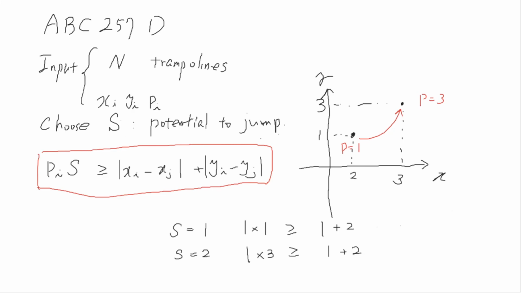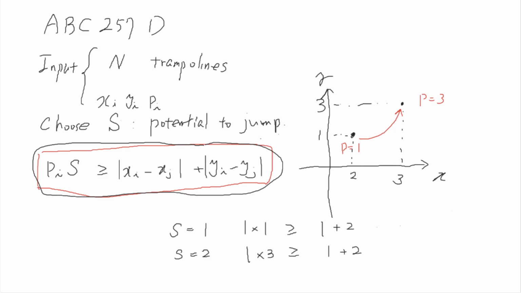Then we can choose any integer s, and if the inequality is satisfied, then you can move from the i-th trampoline to the j-th trampoline.